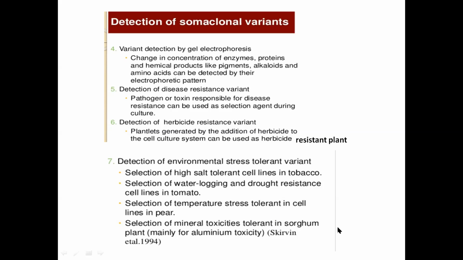So the scientists will be making various changes, giving environmental stress to the cell lines, and they will release somaclonal variants as per the need of the farmers, the area of cultivation, and the quality of the soil. Such somaclonal variants will be released periodically by the agriculture universities.